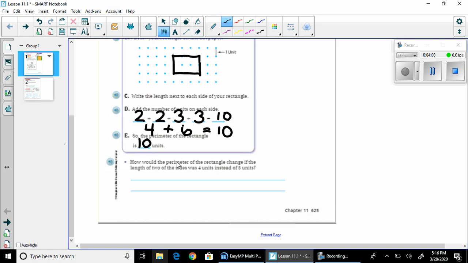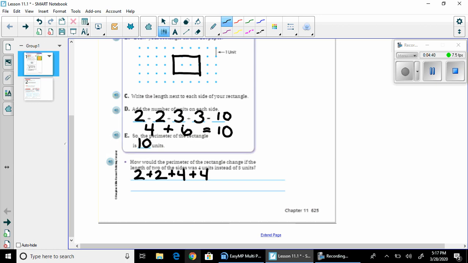I will just write out the problem down below. It'll be 2 plus 2. I got this side here, and I have this side here. Those stayed the same, but now I'm going to change my units on the top and my units on the bottom. This time we're going to add 4 units, and we're going to add 4 more units for the bottom.